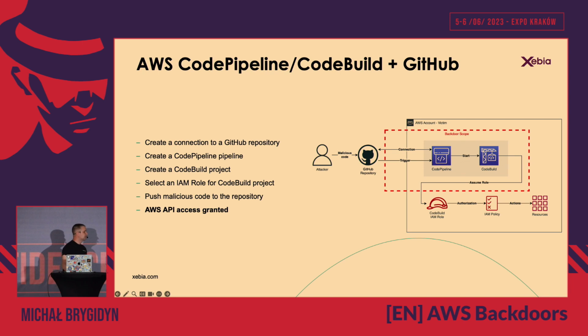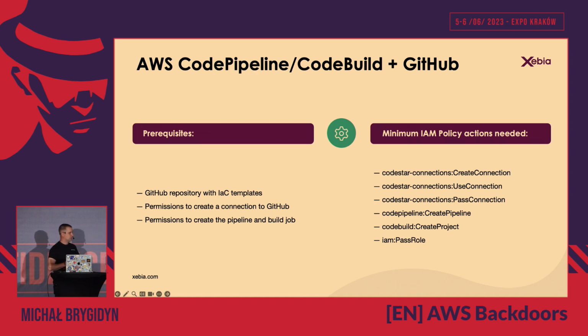Let's start with creating a GitHub repository with part of my Terraform infrastructure, let's say a public EC2, some Lambdas. All my backdoors that I presented today can be in that Terraform. Then I create the CodePipeline and create a connection from CodePipeline or CodeStar to the GitHub repository. And then I will create a CodeBuild job that just runs the Terraform and deploys anything that is in that repository.